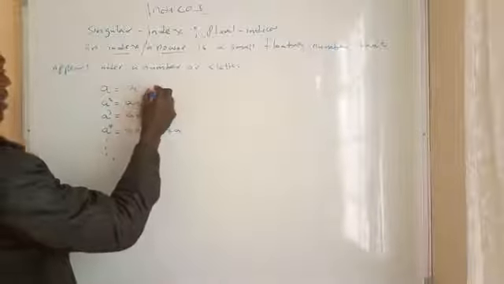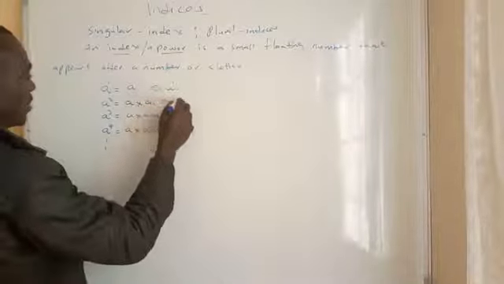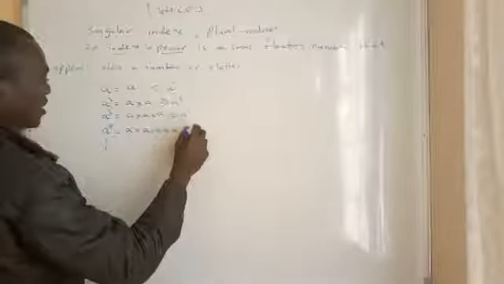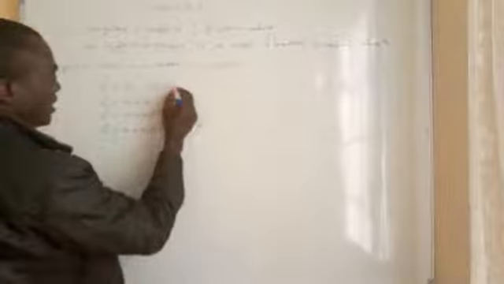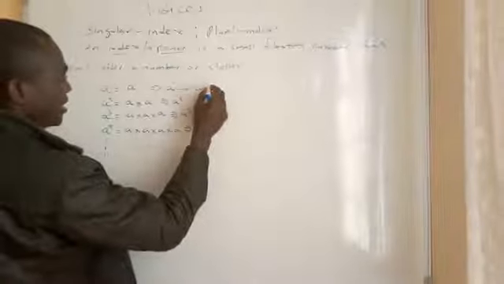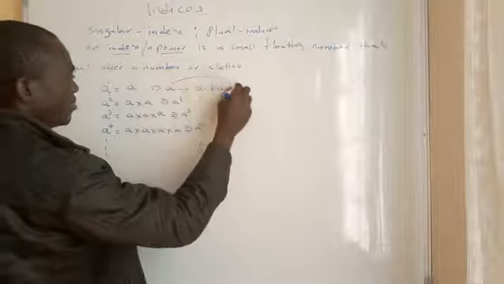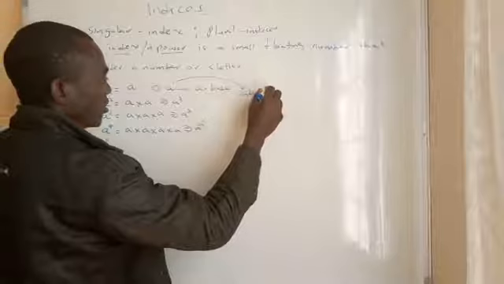This number, a to power 1, a to power 2, a to power 3, and a to power 4, this letter a here is the base, and this one is what we are calling the index, or the power.